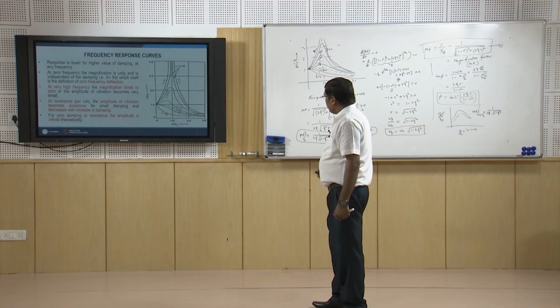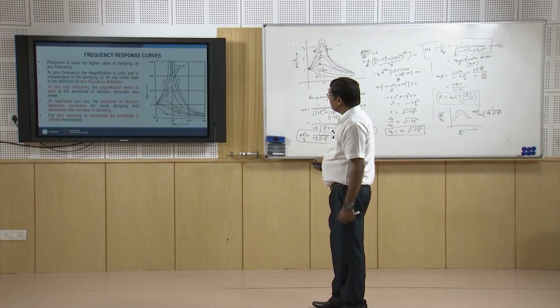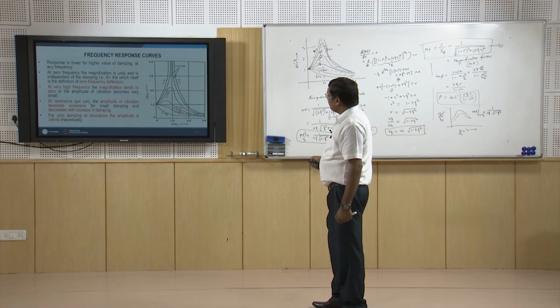So here it is clear why we have this 0.707, that clarifies the peaks and the peak response and absence of the peaks.